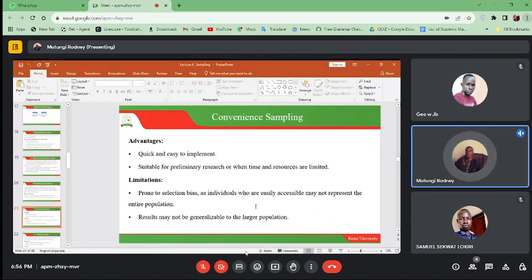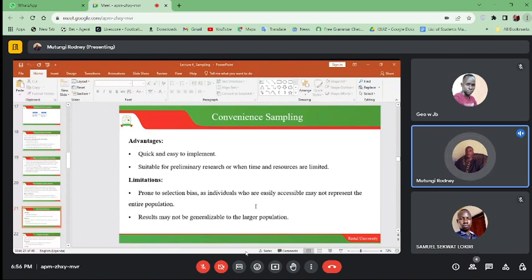So the advantages, as you can see, it's very quick. It is suitable for preliminary research where time and resources are limited. The limitations, of course, is it is prone to selection bias. Not everyone is able to participate in this case, so that is selection bias.